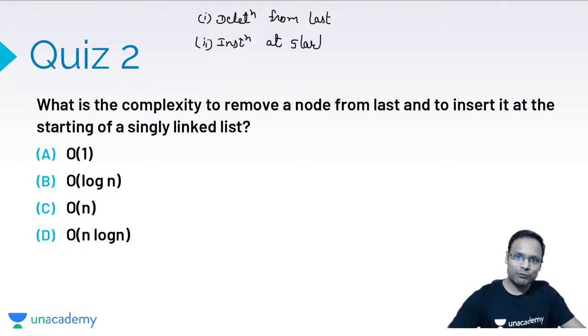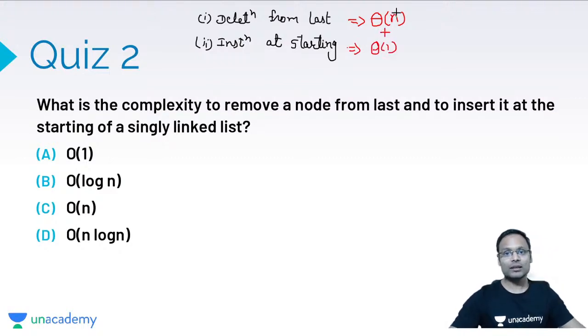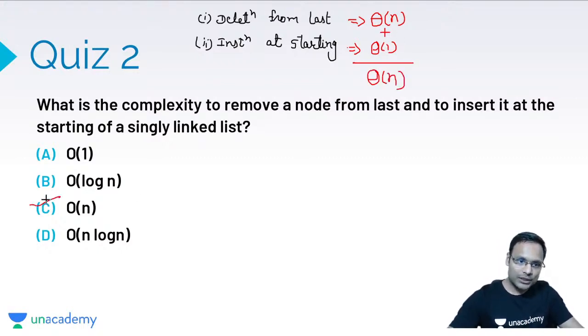These two operations, one after another, you will have to do, for a single node. Deletion from the last will take big O of n time, actually theta of n time. And after that, insertion at starting will take constant time. Both will be added one after another: theta of n plus theta of 1, complexity will be n. Option C is correct.